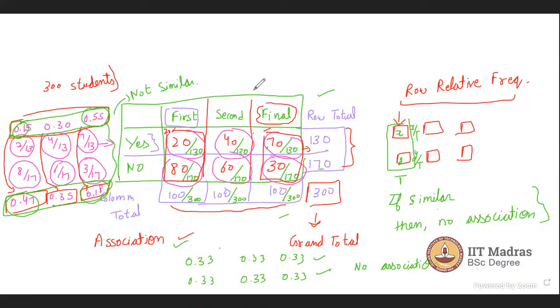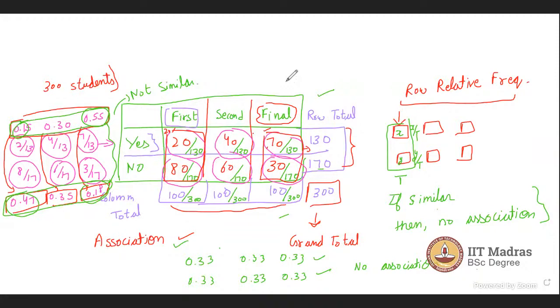Is there any statement for similarity between the column relative frequencies? You have summarized it. If these ratios are different, then there is an association with regard to row relative frequencies, right?